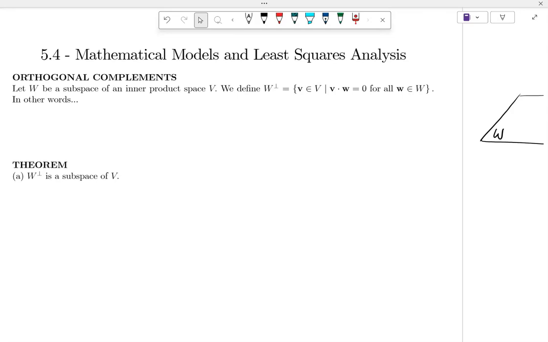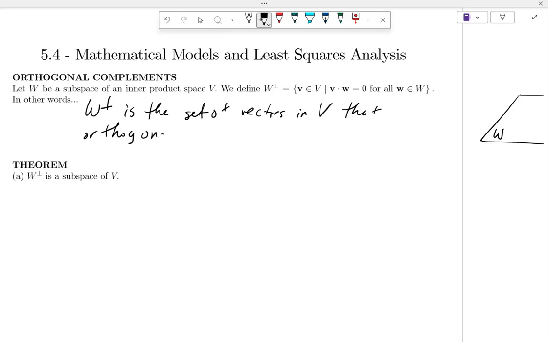That's what that means. So in other words, the orthogonal complement is the set of vectors in V that are orthogonal to every, and it's important that it's every, vector in W.